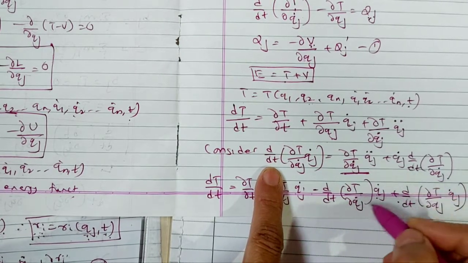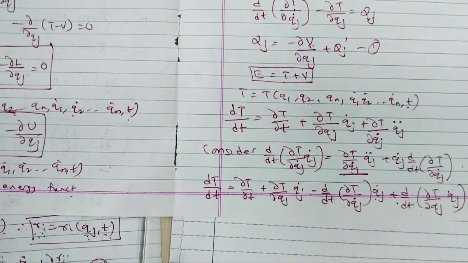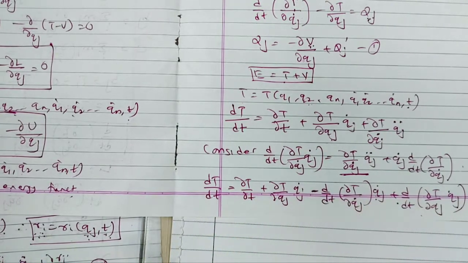In short, this term is over here and qj dot is written over here. Understood. Next we'll try to simplify this further. I skipped one step purposely.